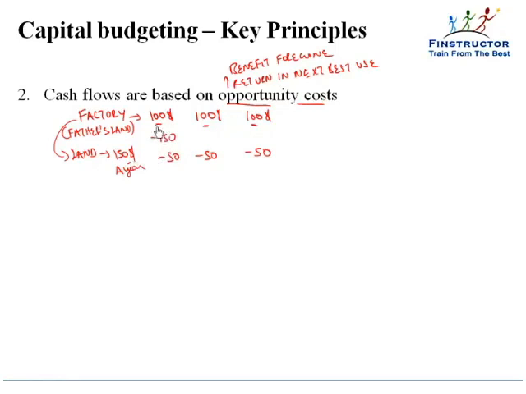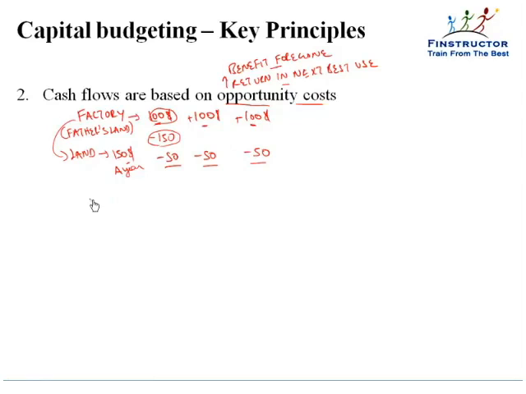Or because I've started this factory and I'm getting $100, I'm foregoing $150. That is a benefit forgone. So cash flows should be based on opportunity costs. If there is a cost like this, then that must be deducted from the cash flows. That is, for the purpose of analysis, we will use the cash flows of minus $50 every year, not the positive 100 that the project actually is making.